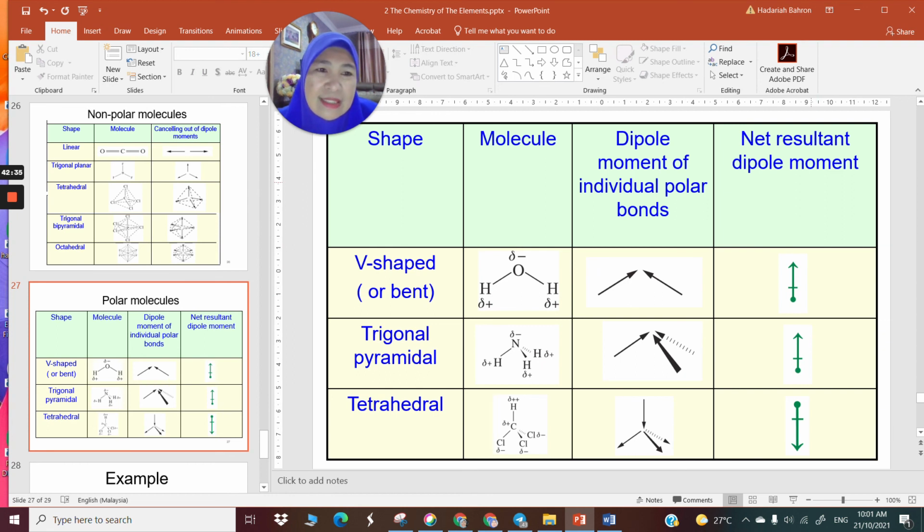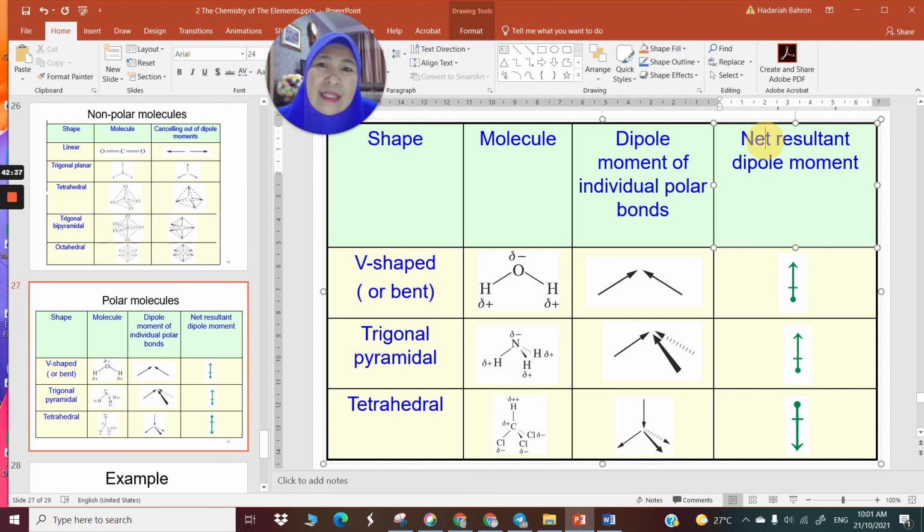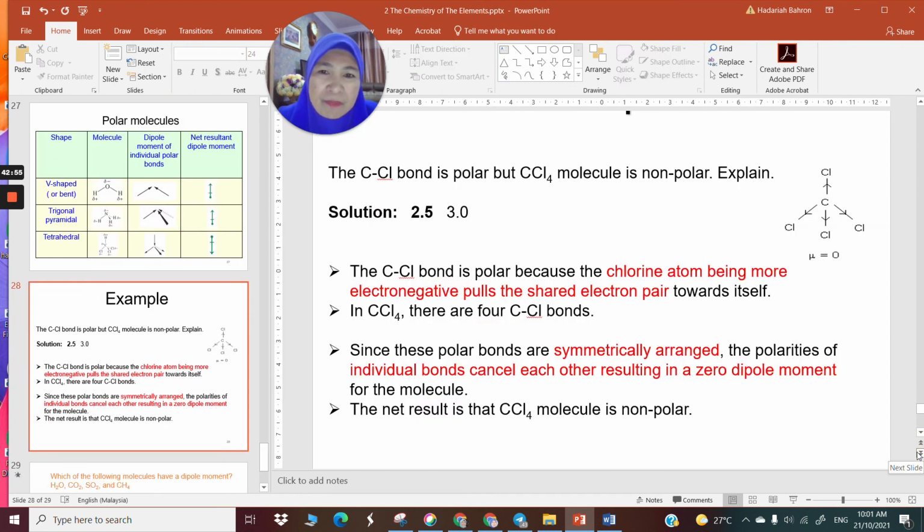So I hope you understand the significance of net resultant dipole moment and how the dipole moments of individual polar bonds give effect to the presence of polarity in that molecule.